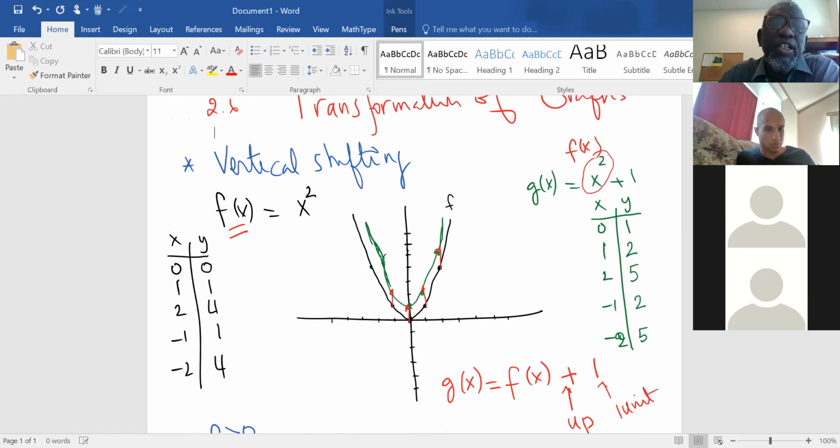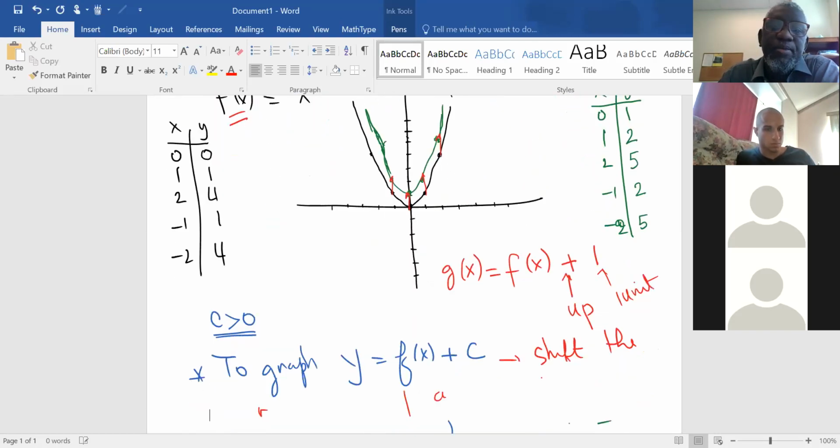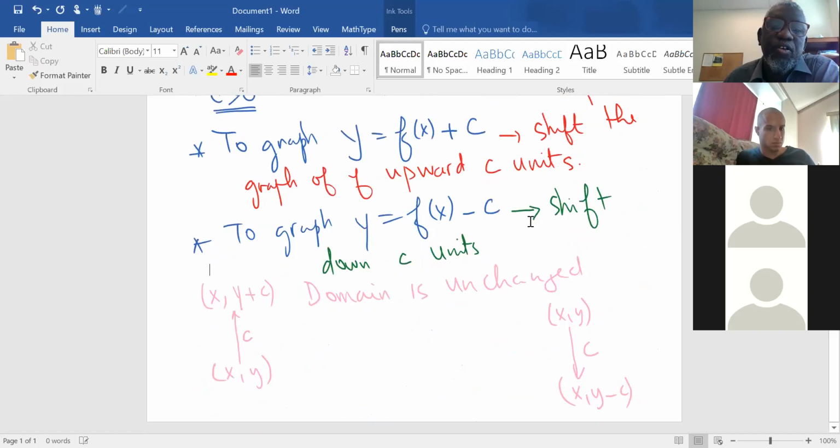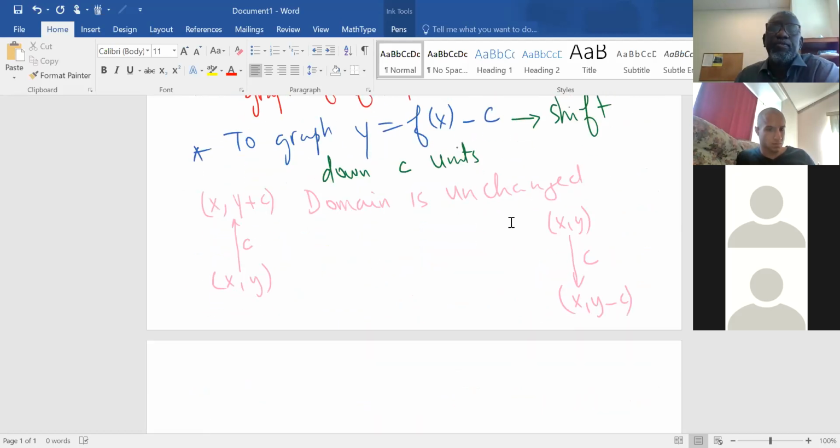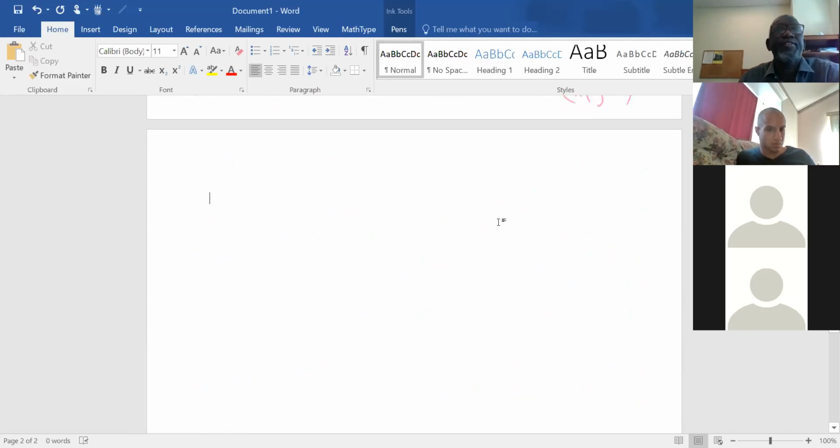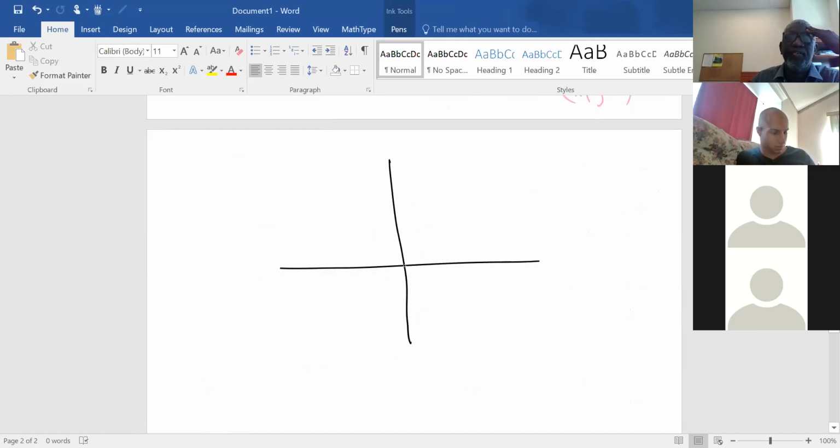The second case will be, I mean, before we even move on right here, if I give you this right here, that is the graph of f.